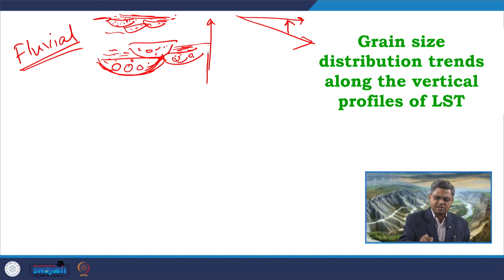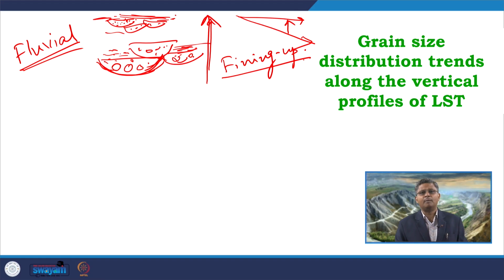So, in the fluvial system, from early LST to late LST, there will overall be a fining upward trend. Overall, a fining upward trend is observed from early LST to late LST in the fluvial part in terms of average grain size distribution.